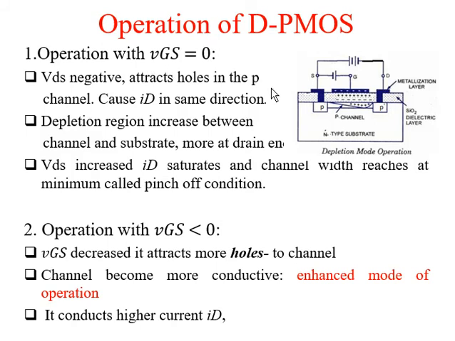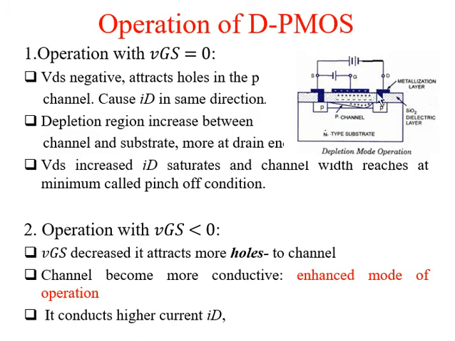If we apply a negative VDS, then the holes will be attracted from the p channel. Even when the gate to source voltage equals 0 there should be a current flow, because there is a built-in channel.